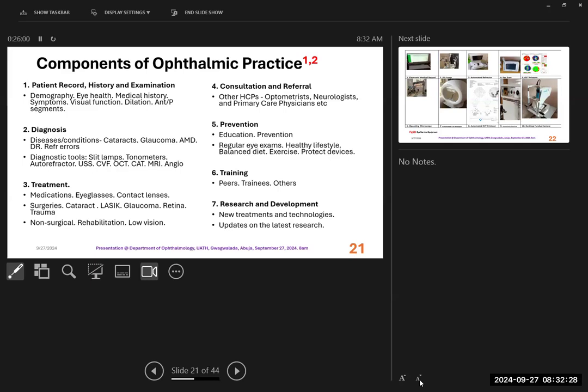We are using our ophthalmology department here. The patients come to the nurses. The nurses talk to the patients, then they do visual acuity. Then they send them to the doctor.